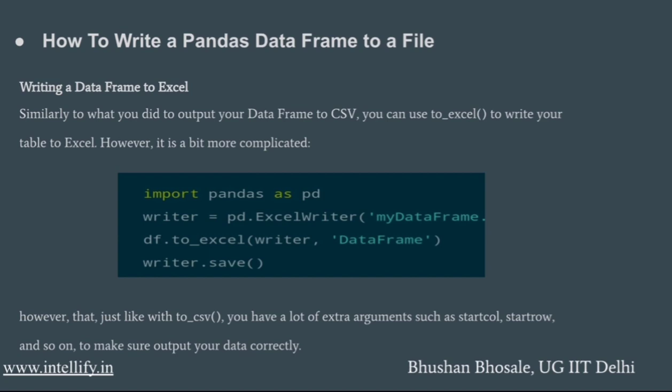We have to pass writer is equal to pd.ExcelWriter('my data frame'), and then df.to_excel(writer, 'data frame') and writer.save. However, just like with to_csv, you have a lot of extra arguments such as startcol, startrow, and so on to make sure you output your data correctly. We have to pass these arguments startcol and startrow.